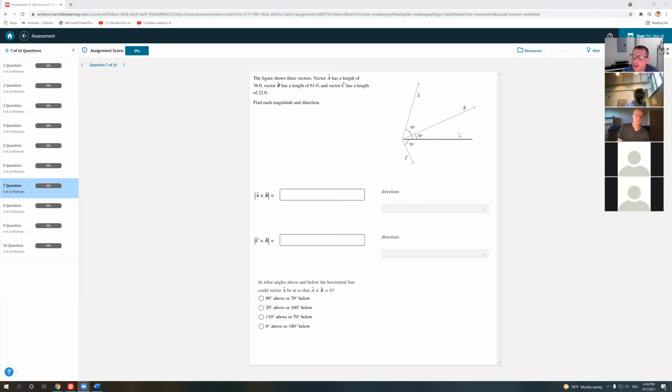So that handles the direction. We see that into and out of the screen are the possibilities. So for A cross B, it should be into the screen. Before we calculate this, let's do an exercise. Let's do C cross B. Which way do we think that's going to point?